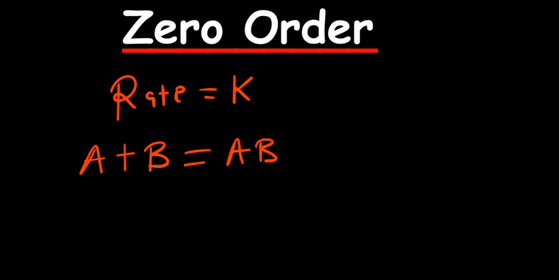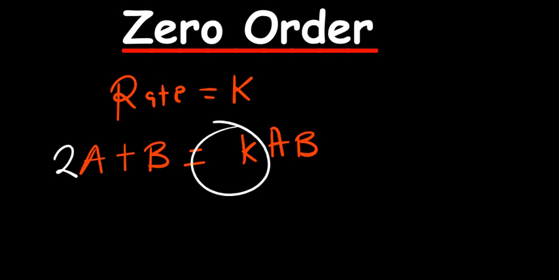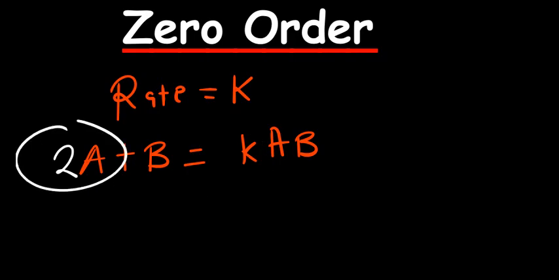If I'm going to put the constant, K times AB, so this is a constant. If this reaction was a zero order reaction, and I doubled A, even if I put a 2 here, nothing will happen, because the reactants have got nothing to do with the rate constant.